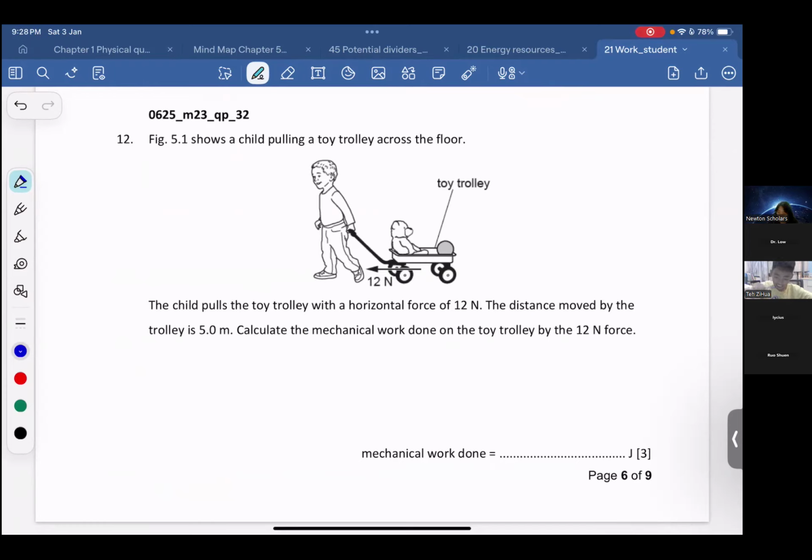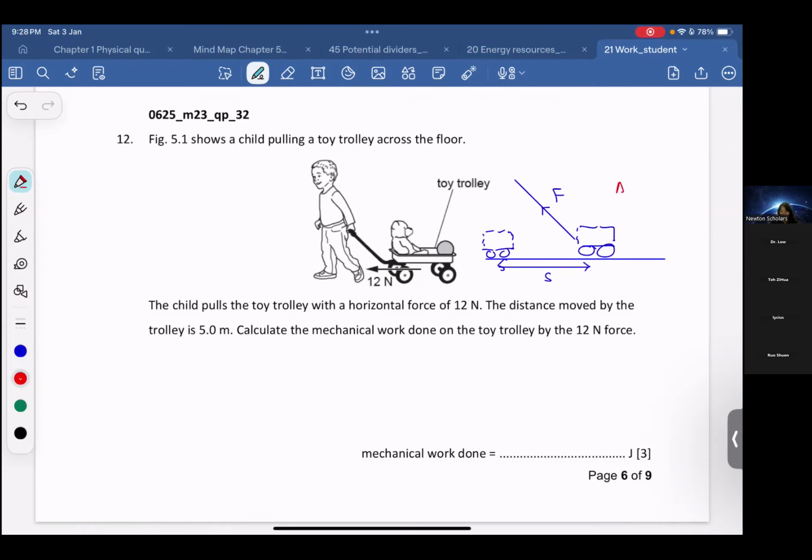When you go to higher level, for example A level, this is the force that we apply, right? Then this is the distance we travel. This is the object, and we travel for a certain distance. So if like this, how can we calculate the work done? We cannot, because they are not in the same direction.